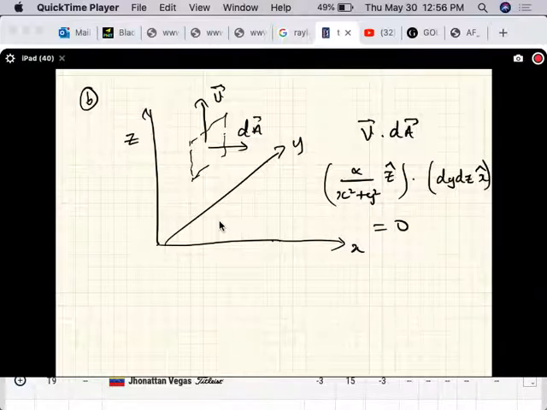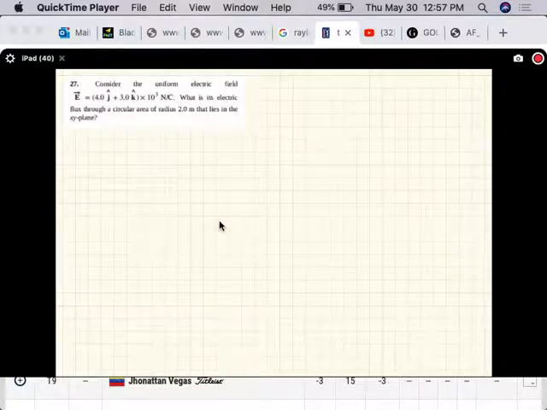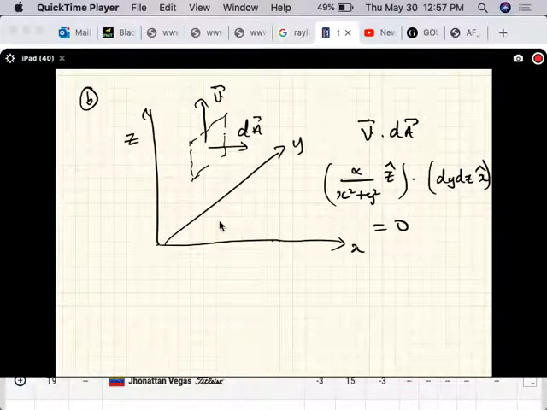So the flux through that is 0, but you can see that from the diagram. The vector field is pointing in that direction, and the area vector is that. So there's no flux through this area. Okay. All right. Same would be true for the xz plane. Okay. All right, that ends that problem.